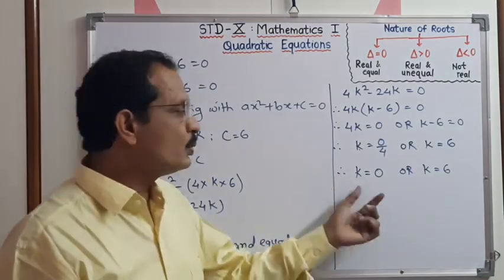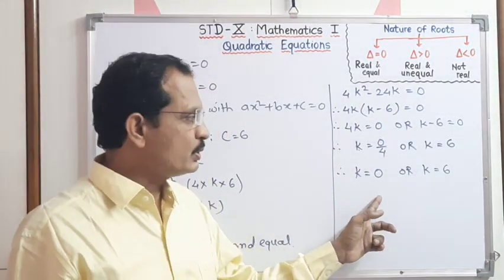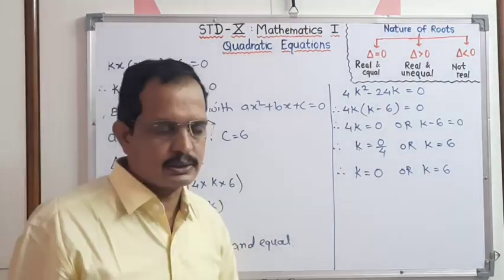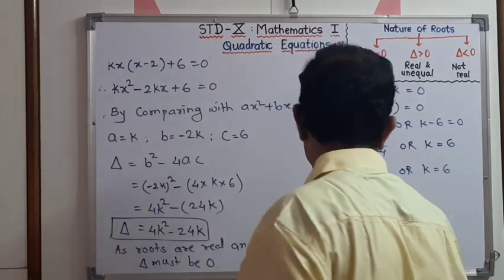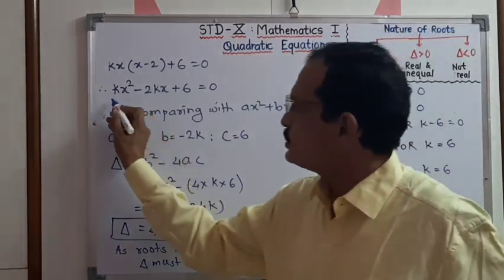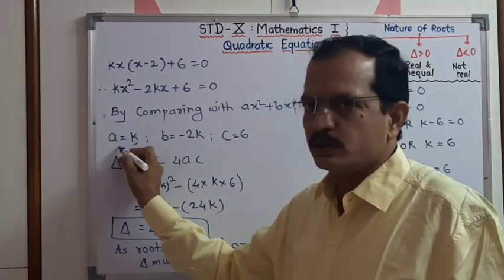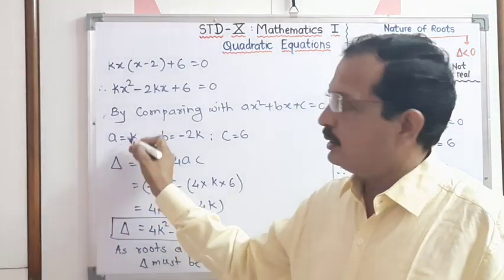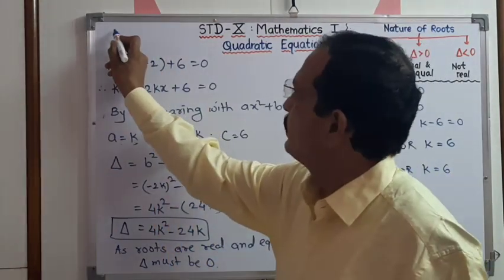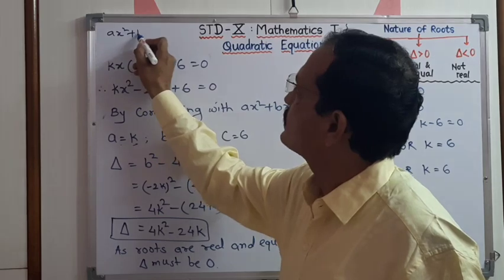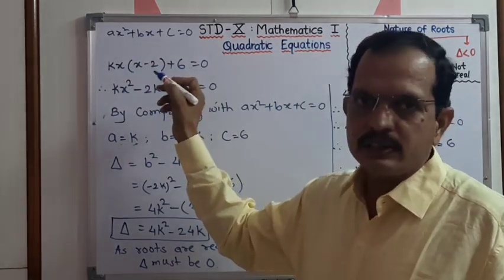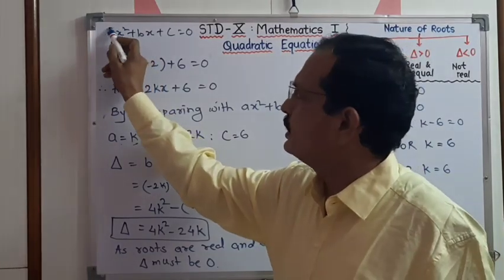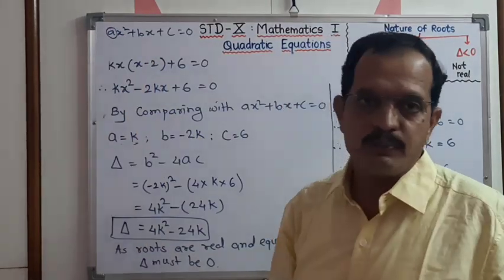Now we got here two values. First value is k is equal to 0 and the second is k is equal to 6. Now suppose we substitute k is equal to 0. Then k is equal to 0 means a is equal to 0. And we know that in the standard form, that is ax square plus bx plus c equal to 0, while writing this standard form we have written one condition that a must not be 0.